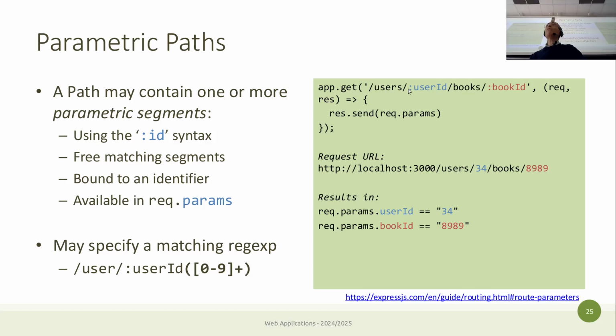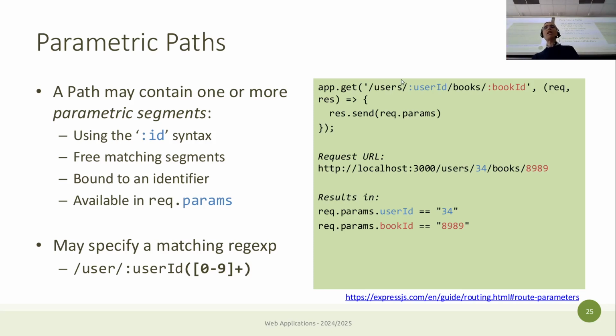But there can be variable parts in the URL, like give me the information about object number, user number, I don't know, 1, 2, 3. And I don't want to write a callback for each possible user number. We don't know them in advance, and it's so inconvenient.